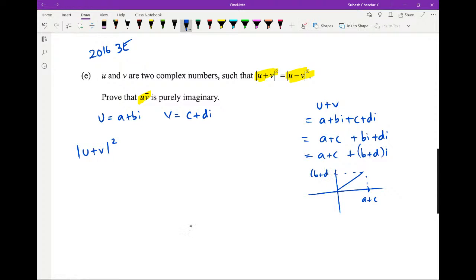So if you think about it, the modulus squared, so this is where the modulus is. The modulus squared is equal to the real part squared plus imaginary part squared.